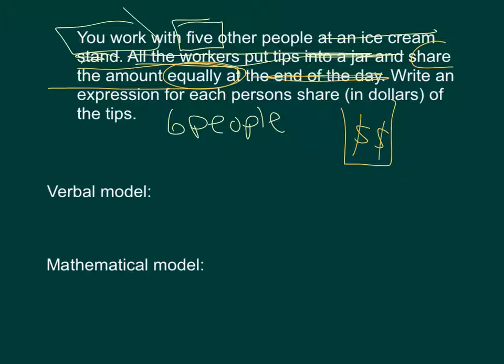And we need to split this evenly amongst all the people. So we can use a verbal model to help us think through this process. People sometimes find it easier to think about this problem using regular words instead of math words first. So the verbal model: we're taking the amount in the jar and we're dividing it by the number of people.